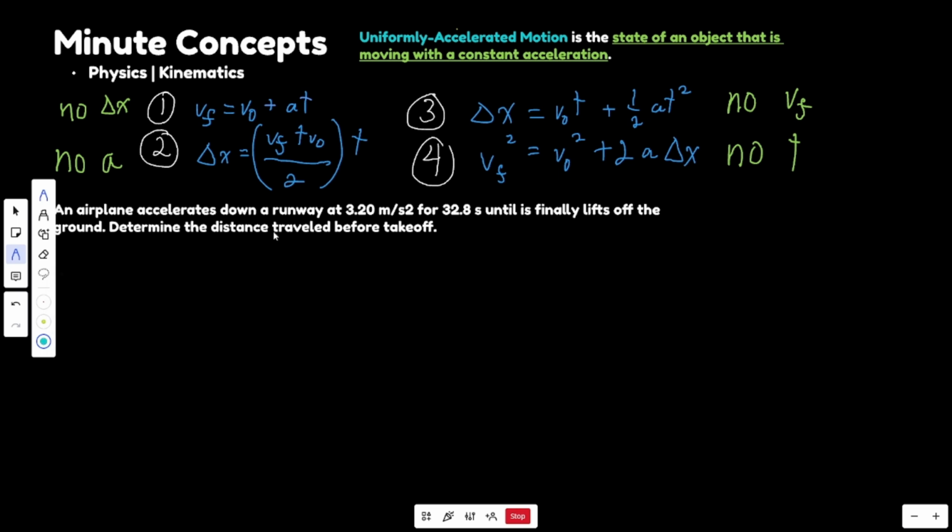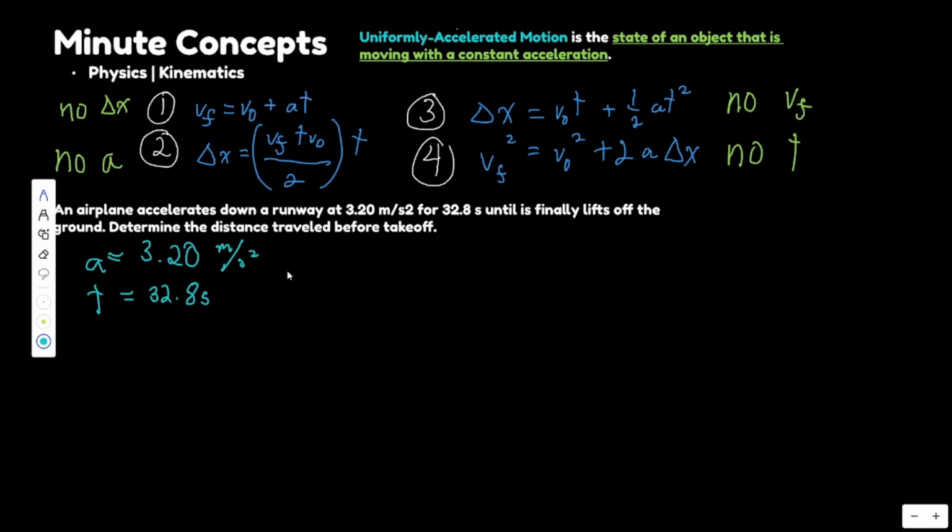So it accelerates down a runway at 3.20 meters per second squared. So that means our acceleration, or a, is 3.20 meters per second squared. We also have time, which is 32.8 seconds.